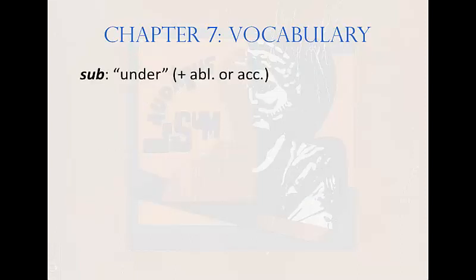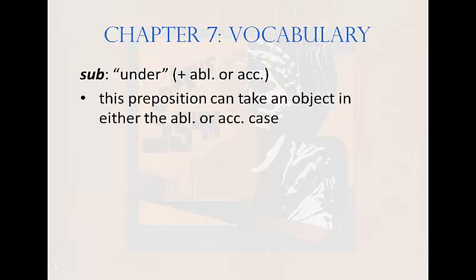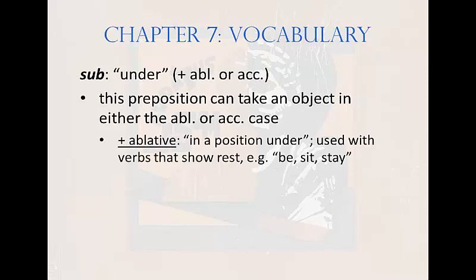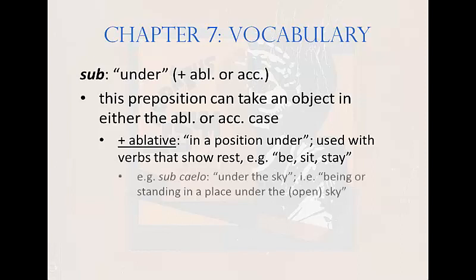And finally, to end this vocabulary list, let's go under. Sub. A preposition which can take an object in either the ablative or accusative case. With an ablative object, sub means in a position under, and is most often used with verbs that show rest, like be, sit, stay. For example, sub caelo, meaning under the sky, the form you would use if you were standing under the open sky.